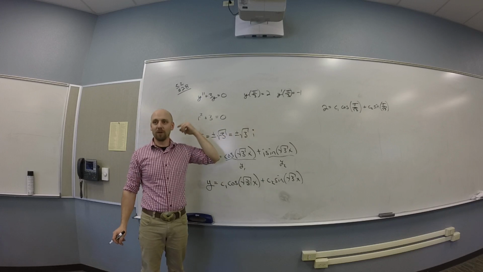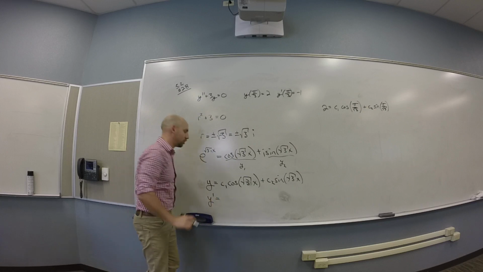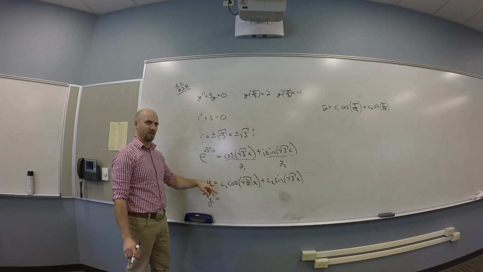So where does the other equation come from? y prime. Okay, so y prime then should be, it's a derivative of cosine? Negative sine.